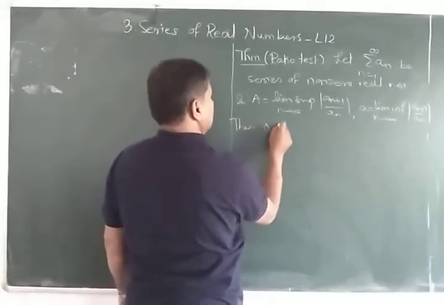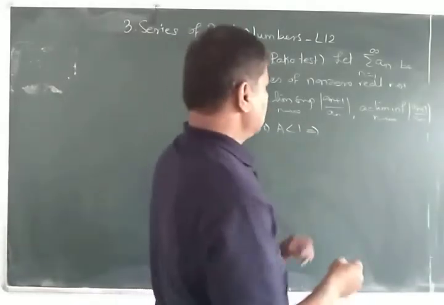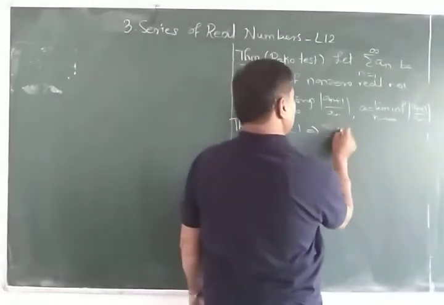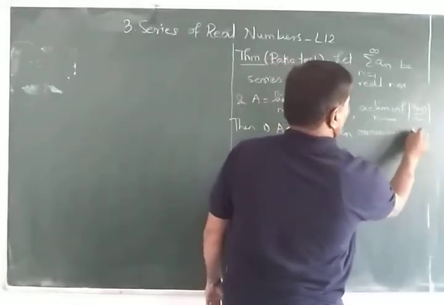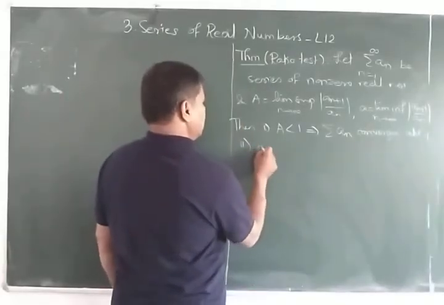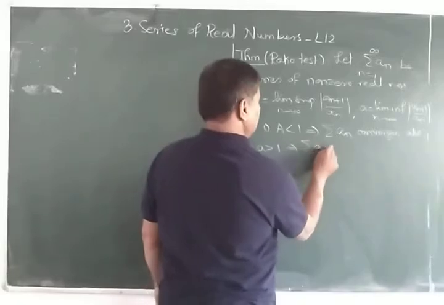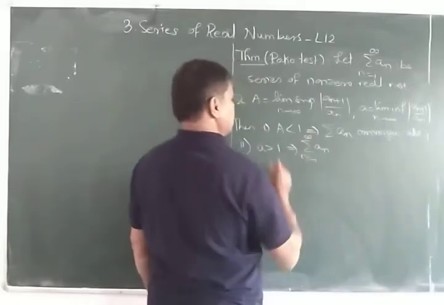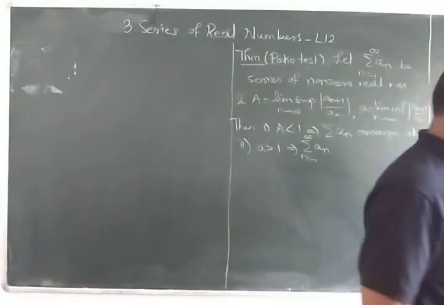First, A less than 1 implies summation of a_n converges absolutely. Second, A greater than 1 implies summation of mod a_n diverges.